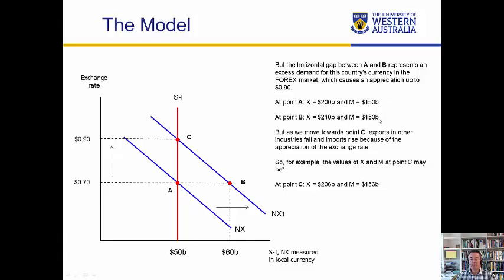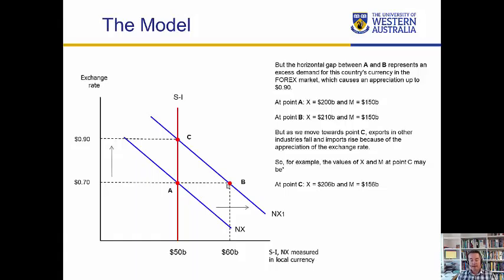But then at point B, the current account surplus increases to 60 billion. But now the problem is that gap between A and B, that's excess demand for this country's currency. And the excess demand has been caused by the surge in the demand for this country's exports.